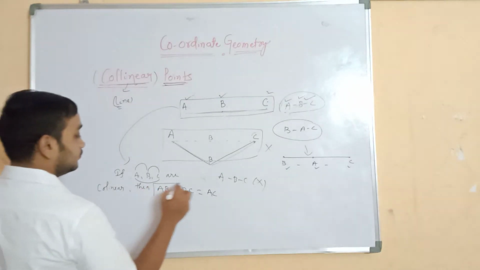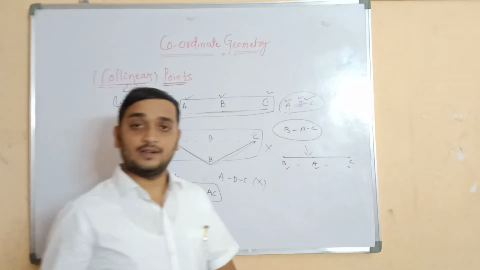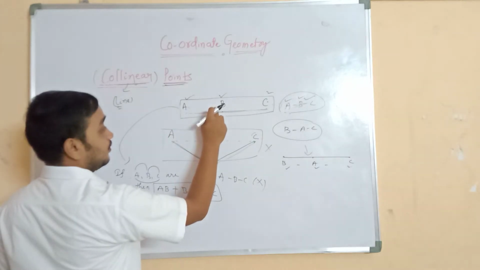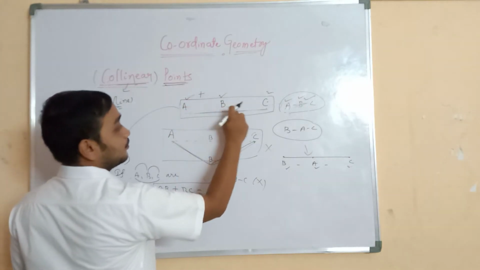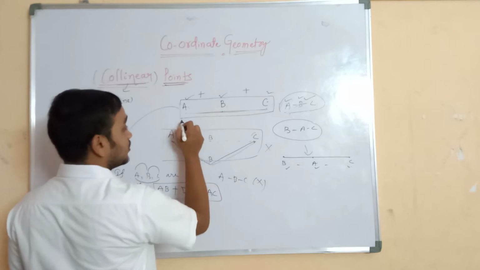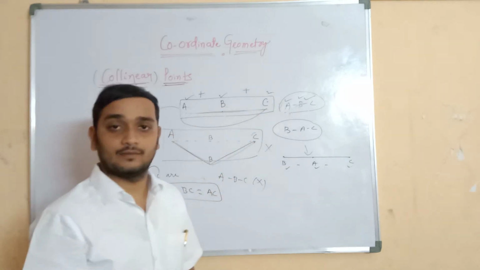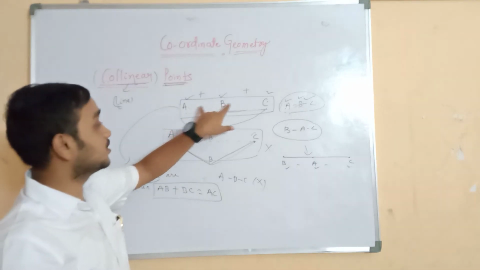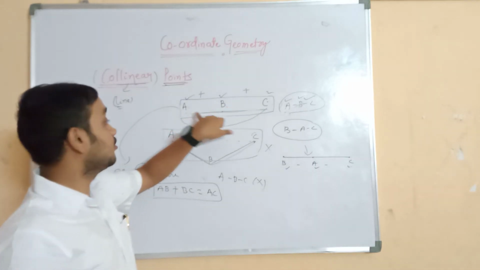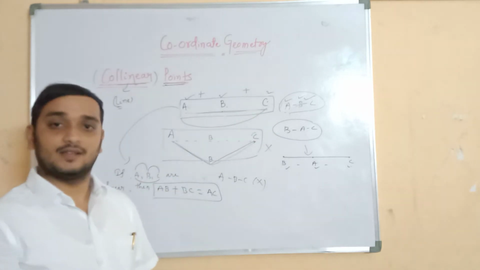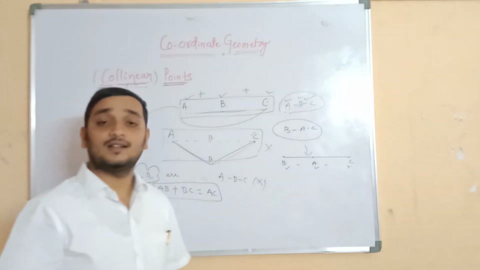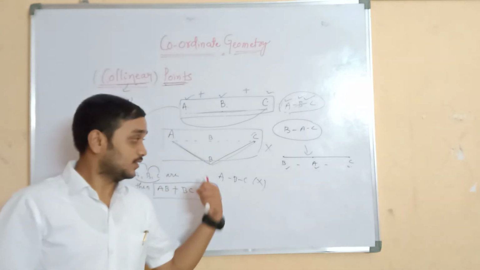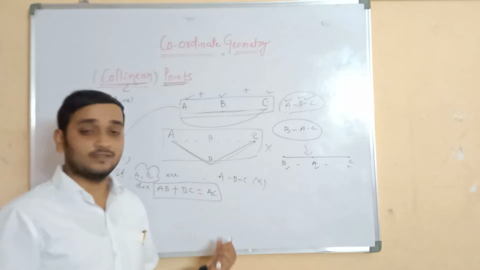That means AB length plus BC length is equal to AC length. We can say that the 3 points are collinear. Note it down quickly, then further we will move.